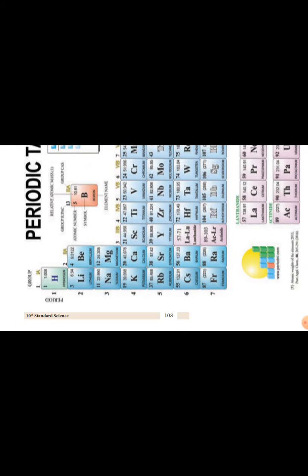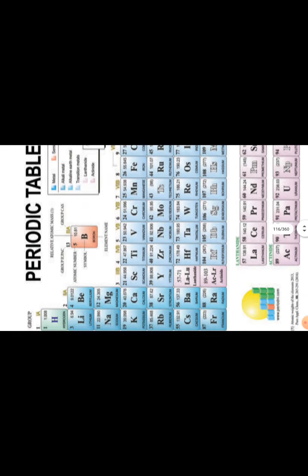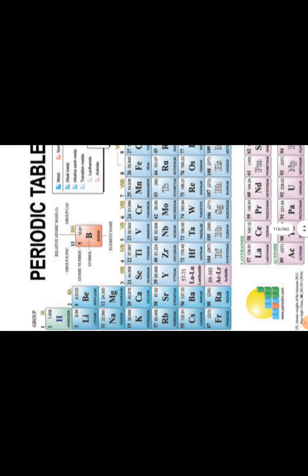At the same time, when you go down the group, that is lithium, sodium, potassium, rubidium, what happens? See that the valence shell increases. The number of electrons is 11 for sodium, 19 for potassium, 37 for rubidium. So the valence shell increases, and the number of electrons also increases. The attraction of the nucleus is not enough to bring the electron cloud towards the nucleus, so there will be no change.